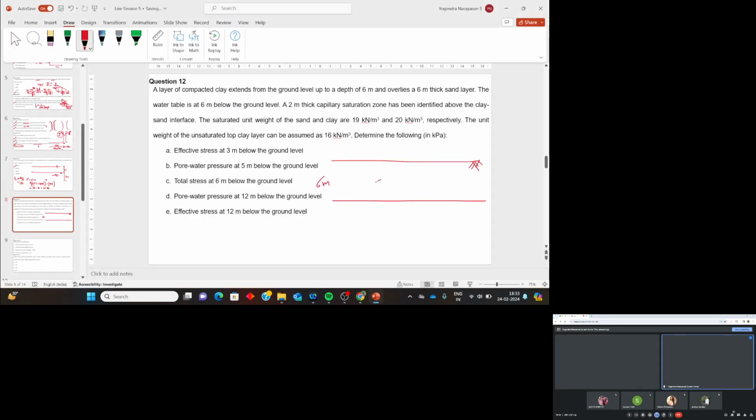And this is clay. Clay layer is overlaying a 6-meter sand layer. So this is sand, and this is also 6 meters. And again the statement is water table is at 6 meter below ground level.